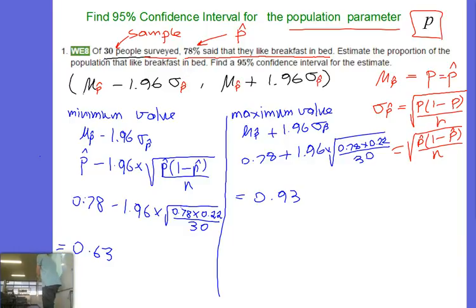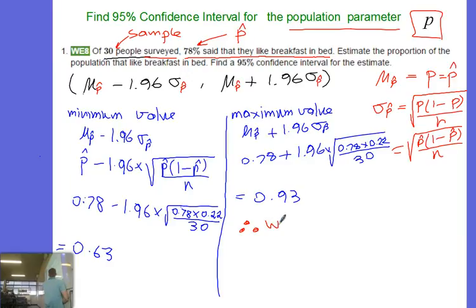Now, we've got our minimum value and our maximum value. So now we form our interval like this. The last thing is that we state our confidence interval, and we speak about it with 95% confidence.